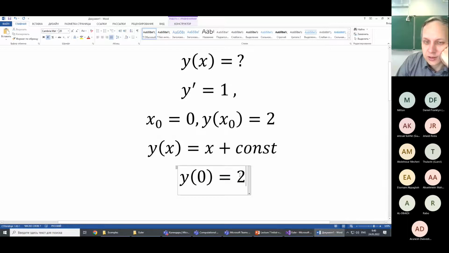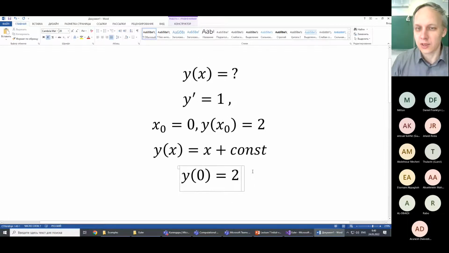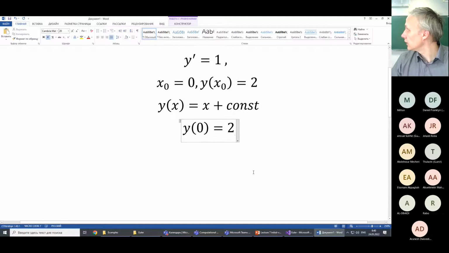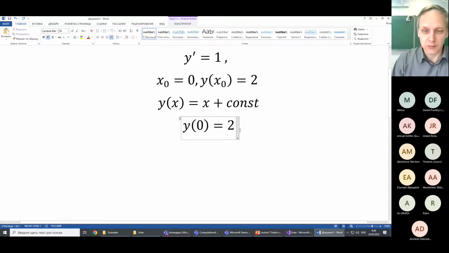From this initial condition, we can find that the constant equals 2.